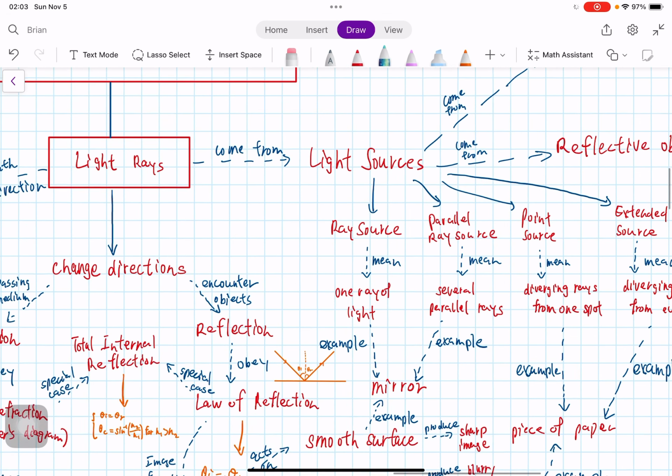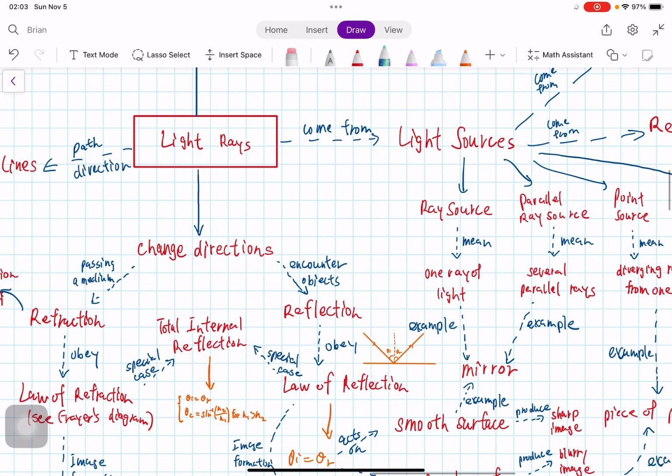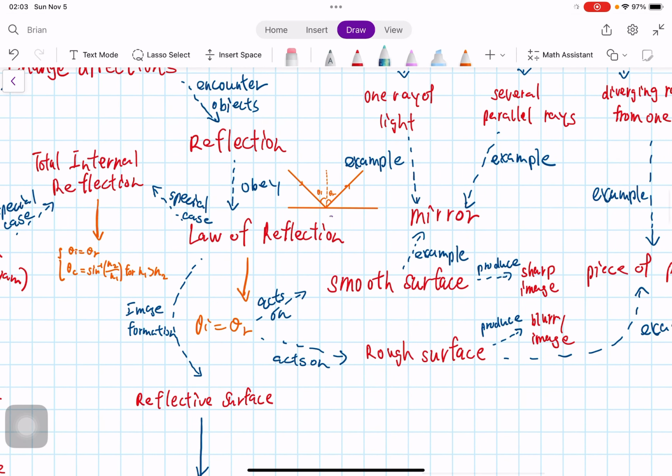So we could look here at reflection. When light rays change directions as they encounter objects, they undergo reflection, and this obeys the law of reflection. This is a little diagram I drew for illustrating the law of reflection, and this is the equation.